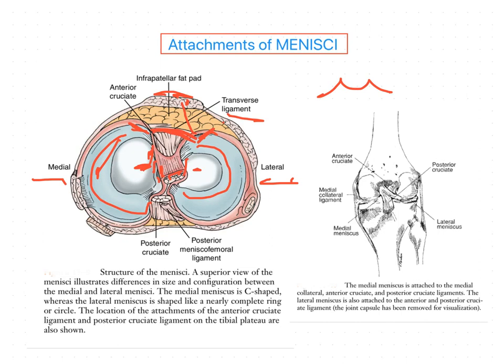Now we will see the unique attachments of the medial and lateral menisci. The lateral meniscus, in addition to the connections it shares with the medial meniscus, is attached to the posterior cruciate ligament. Here you can see the posterior cruciate ligament.